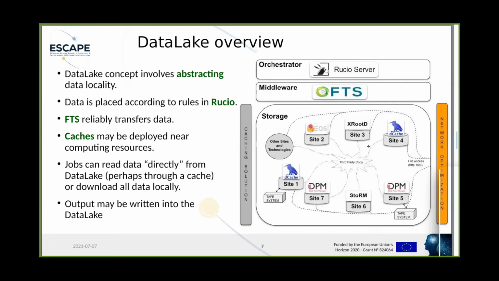So that's done in terms of Rucio, this top level component here, which says where data should be and checks where it is. And if it's not where it should be, it tells the next layer down, FTS, to actually copy data around, to possibly even delete data, to satisfy what it believes is the correct location for data.